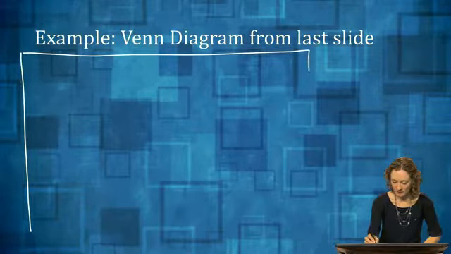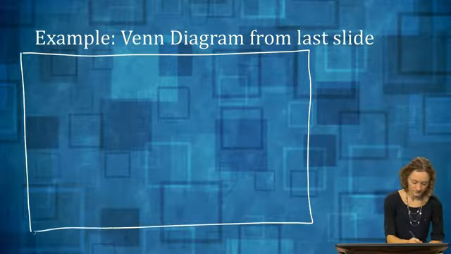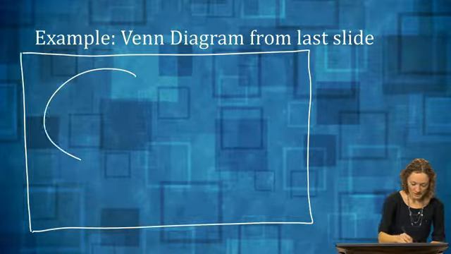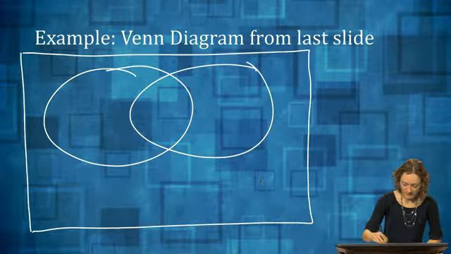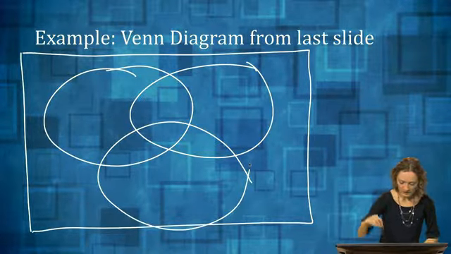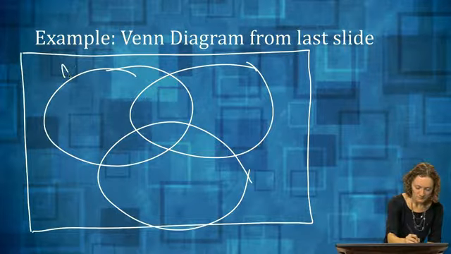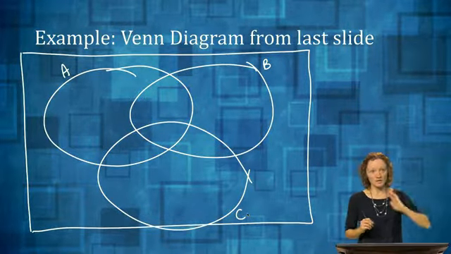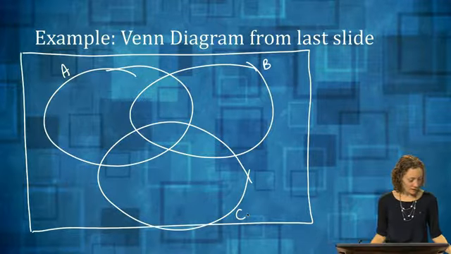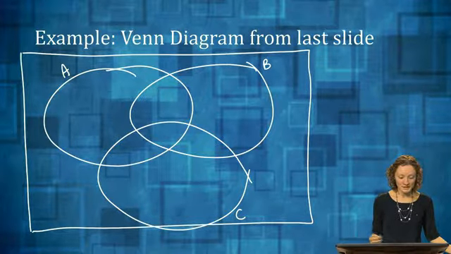It's got to be a big one. And when you draw these again, make sure you draw with a lot of overlap, because you have to fill in items there. I should have even drawn them closer. We have set A, set B, and set C. So like we said, the first item, Howl's Moving Castle, was only in set A.